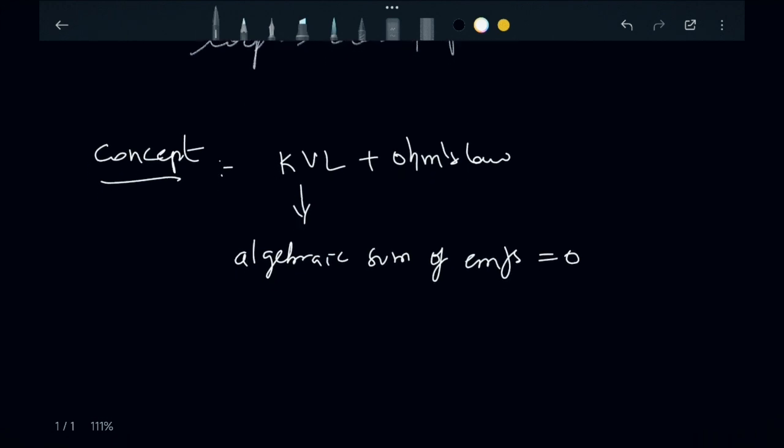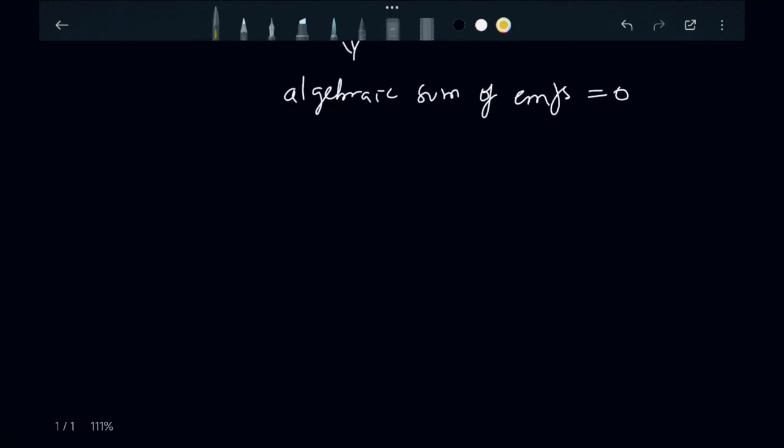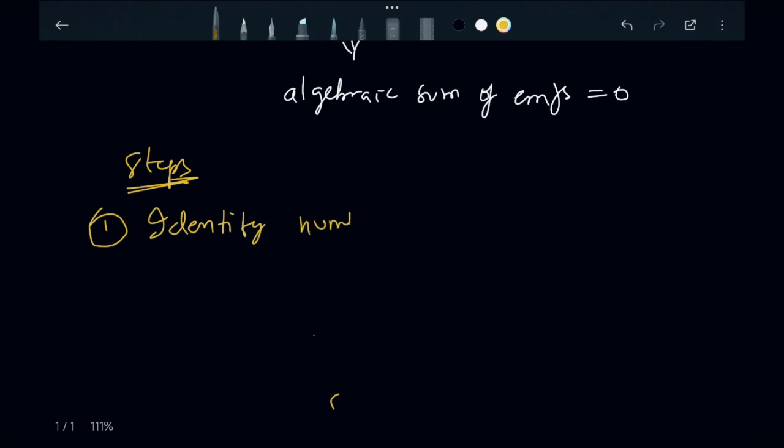So let us first understand the various steps involved in applying this concept. First step is, if you are given a circuit, then you need to identify how many loops or meshes there are, that is, the number of closed paths.